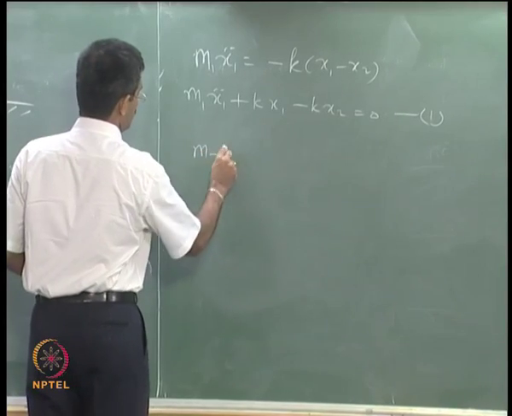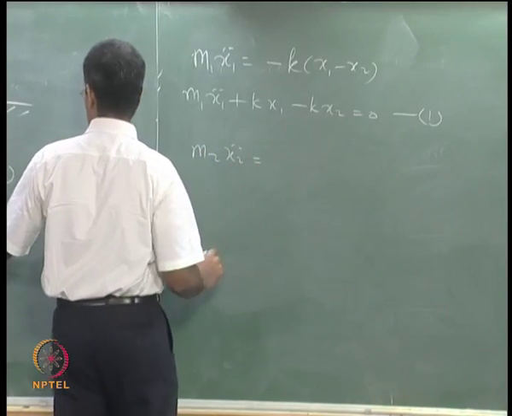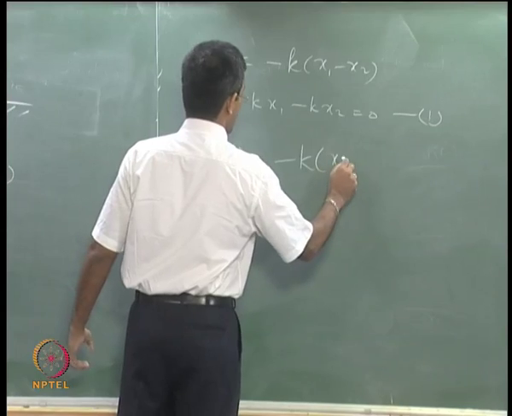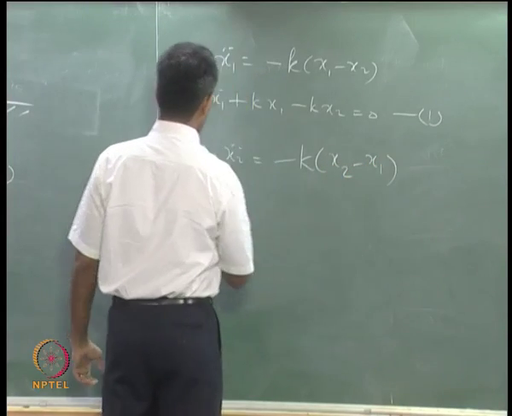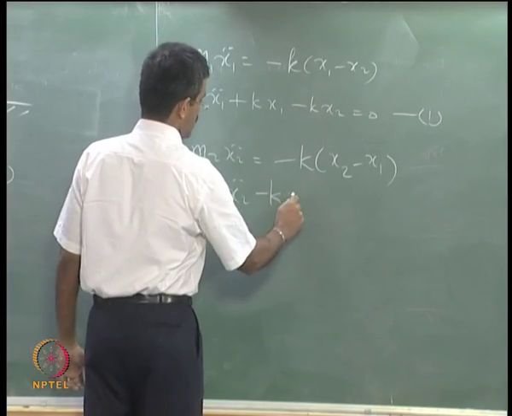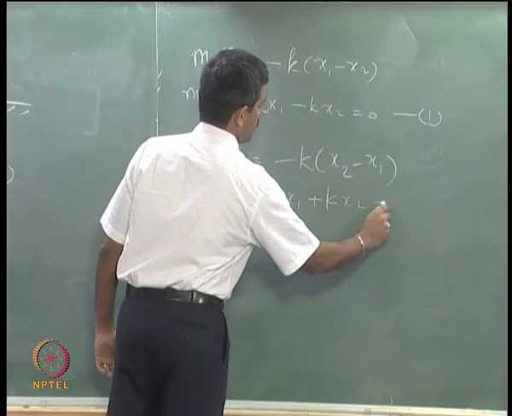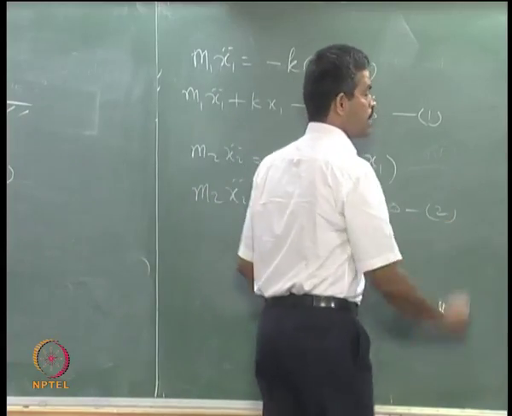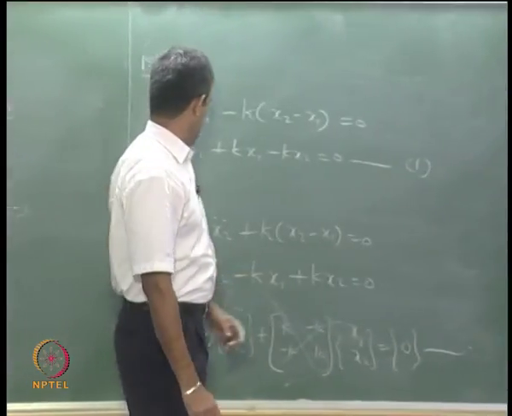Similarly, m2 x2 double dot is going to be minus k of x2 minus x1, which gives m2 x2 double dot minus k x1 plus k x2 is 0, the same equation which I got here.